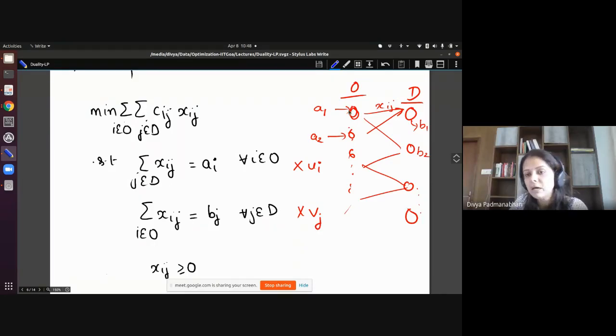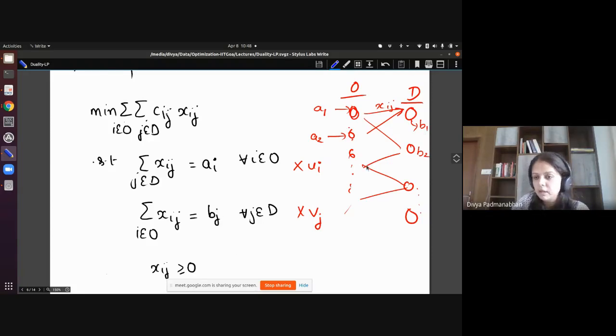So the total amount that you send from this origin, this factory, to all other destinations cannot exceed A1. It should be exactly equal to A1, because you don't have scope for storing things, and maybe that could be the constraint. At the destination, you want to receive exactly B1 units. So for all the destinations, you want to receive exactly the BJ units.